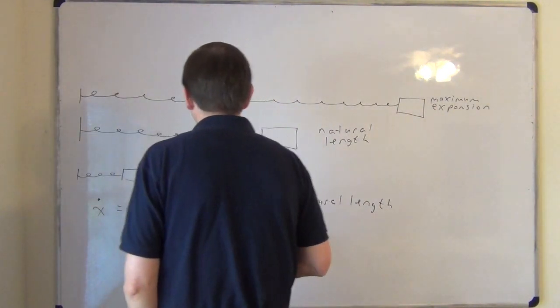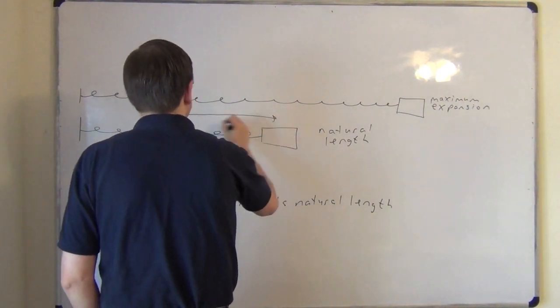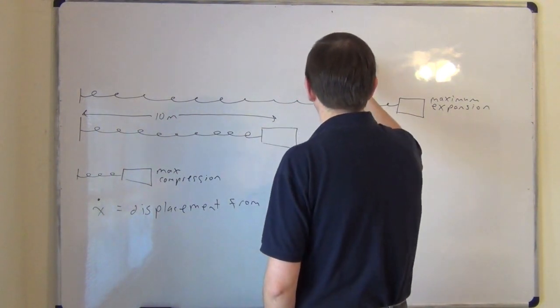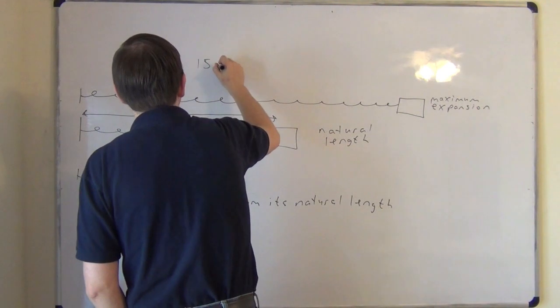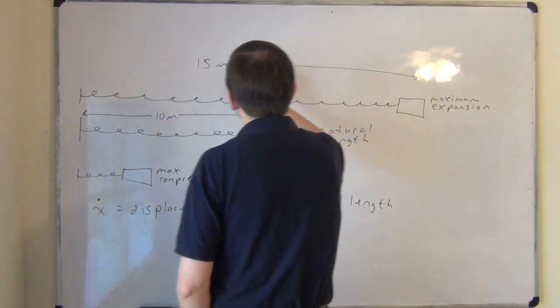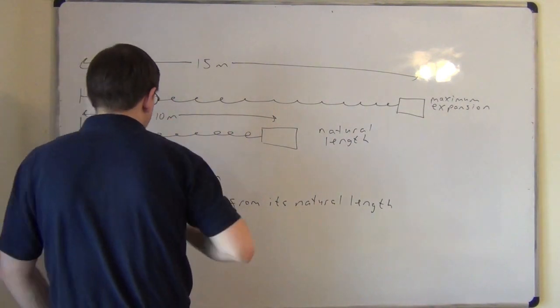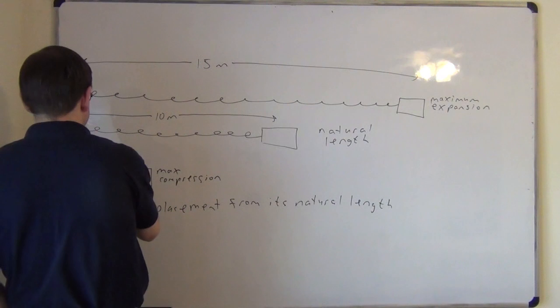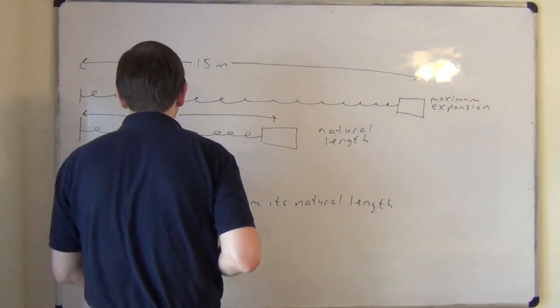So for example, let's say that this distance here is 10 meters. And then let's say that this distance here is 15 meters. Then this distance here would be, didn't work out so well.